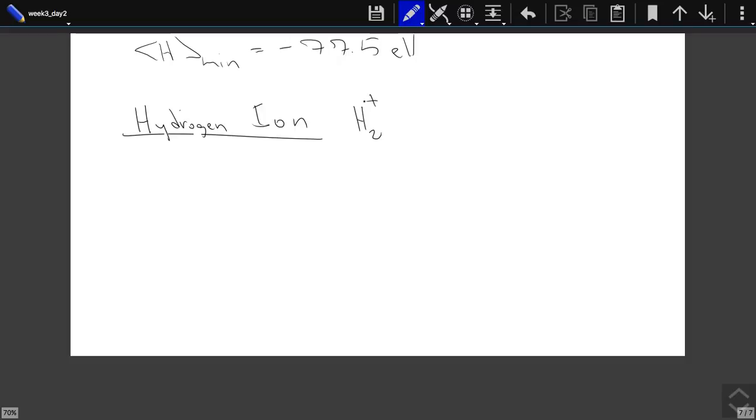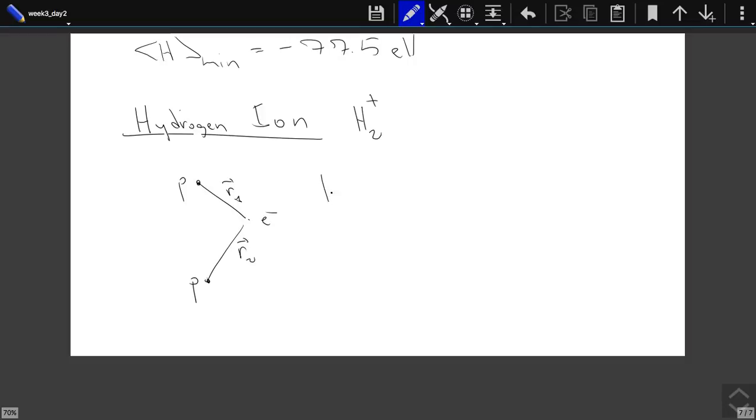H2 plus. So basically we have two protons, one proton over here, this is the other proton, and then we have an electron around both of these protons. Let's say this is your R1, this is your R2, with respect to both of the protons.